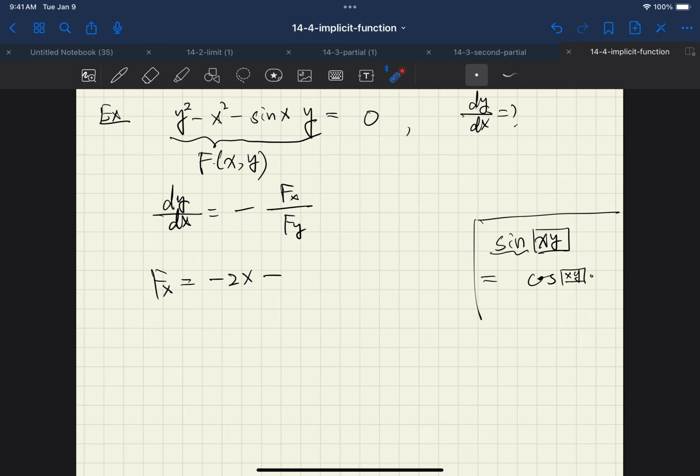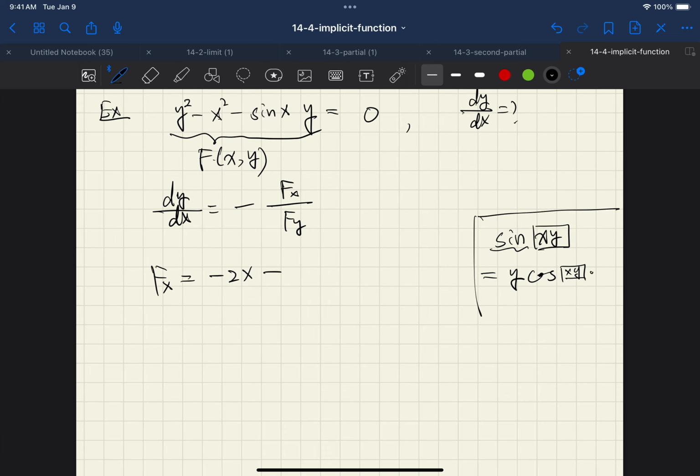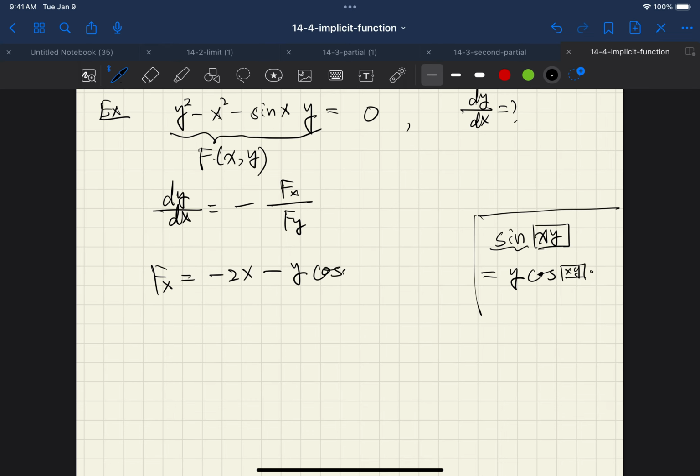So y is constant. So the xy derivative with respect to x is y, because y is just a coefficient. Instead of writing y behind, I'd rather put y in front of cosine. So y cosine xy.